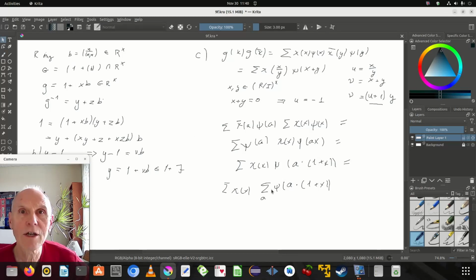And in the last sum, I was previously only adding over the elements of the multiplicative group, and then it's difficult to see what this will make. But up here we can change the sum to be over the entire ring.